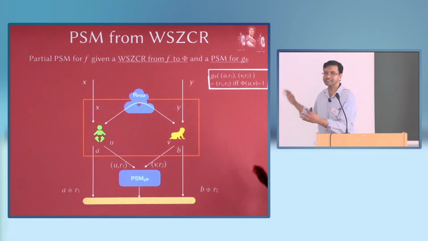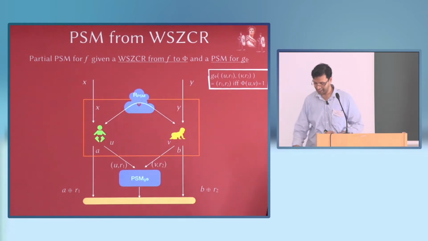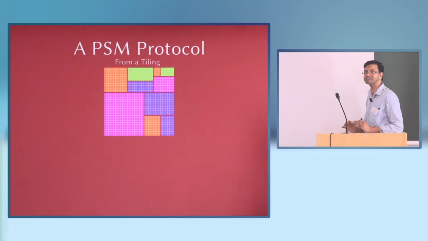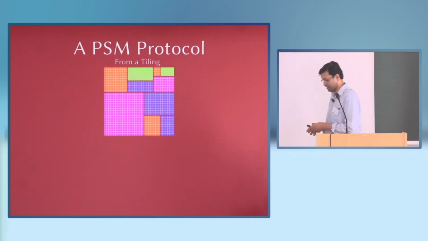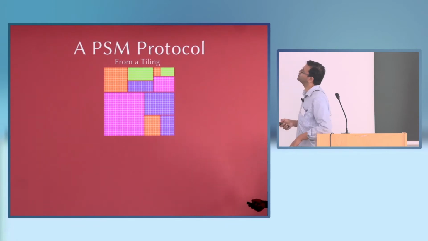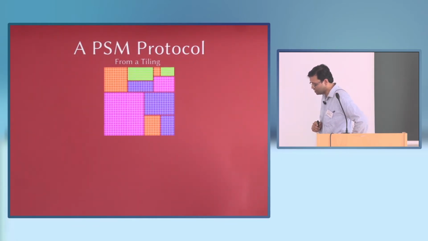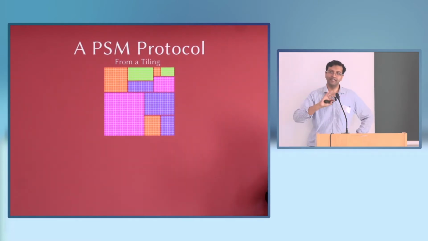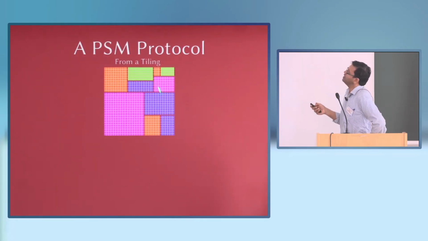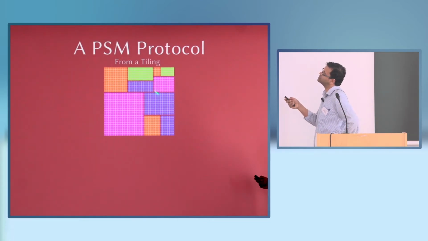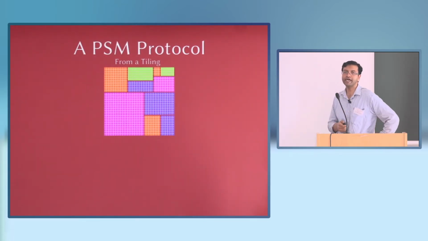Now you might think, okay, this doesn't look like a particularly interesting thing. Maybe it's not, but here is an interesting version of it, or what we thought was an interesting translation of what this gives us. You can forget all this ZCR and everything for a second. This is in terms of monochromatic tiles. For any two-party function, you can think of a tiling.